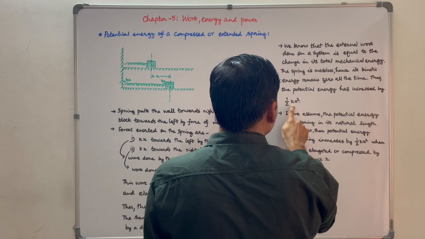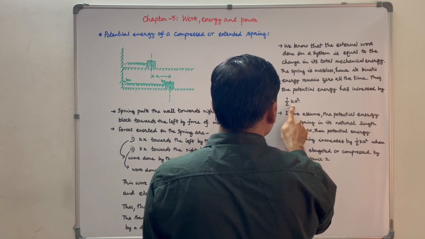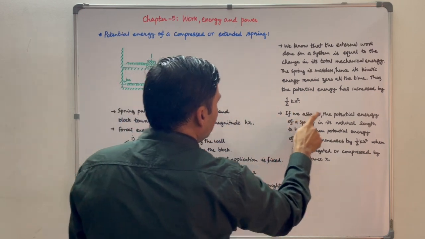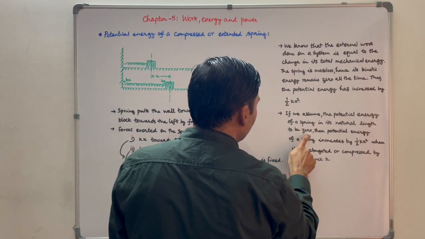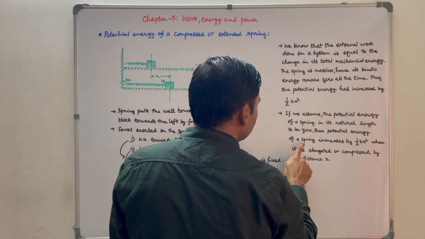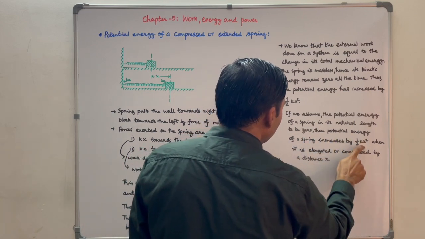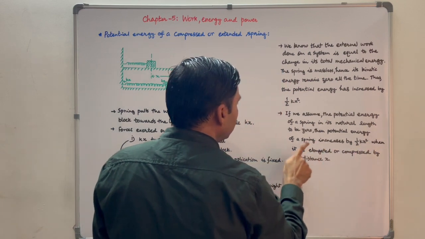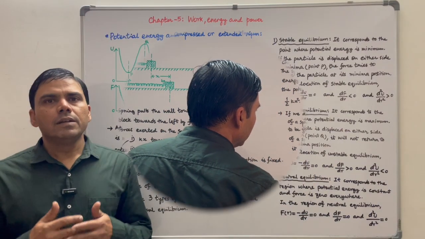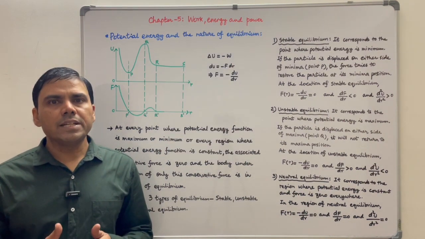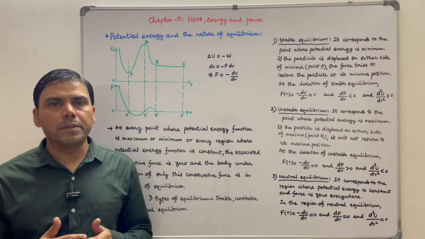So potential energy of the spring will increase by 1 by 2 kx square. Now suppose the potential energy of a spring in its natural length is 0. So potential energy of the spring will increase by 1 by 2 kx square when it is elongated or compressed by a distance x. Now let us understand potential energy and the nature of equilibrium.